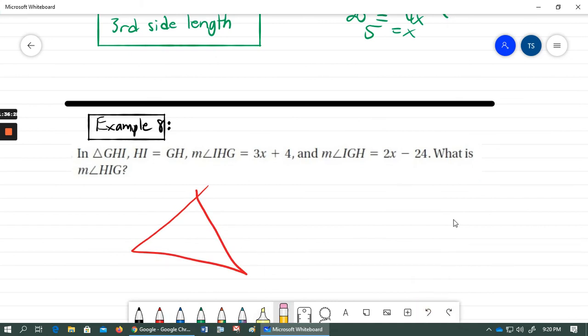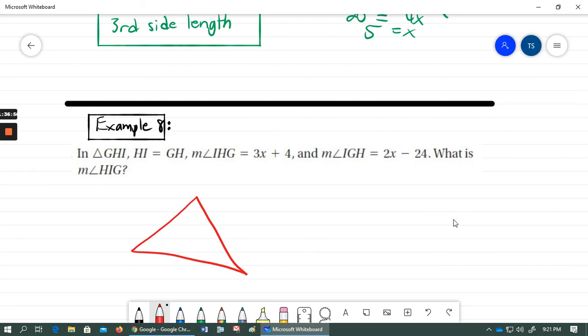I'm going to leave mine looking just like that, because if you pay attention to everything else that they tell you, it doesn't matter how it looks. It can look completely jacked up, like a witch's hat. I don't really care how it looks, as long as you got all of the pieces of information right about it.